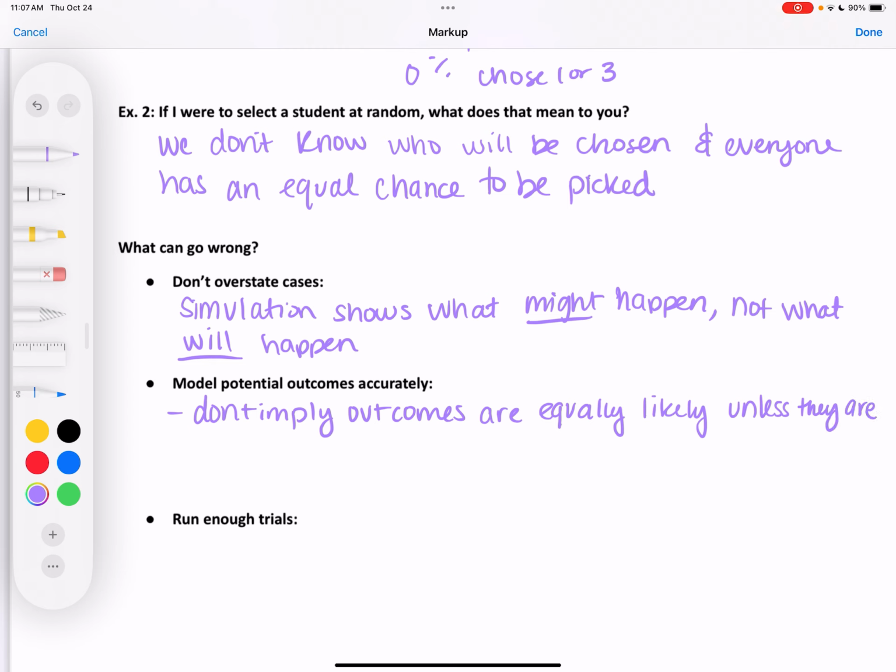So, like, in here, with my Sharpies, I only have 3 pink markers, but I have 4 yellow markers, and I have 5 blue markers. So I don't want to say that all of you have an equal chance of being chosen if I've assigned a color to each of you, if there's a different amount in here.